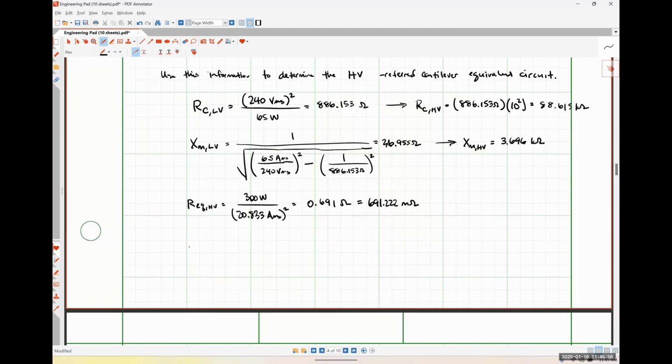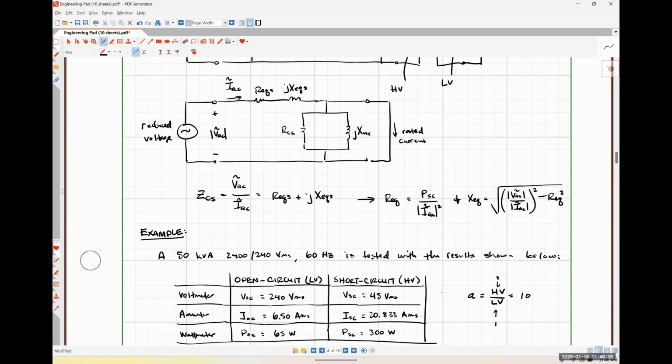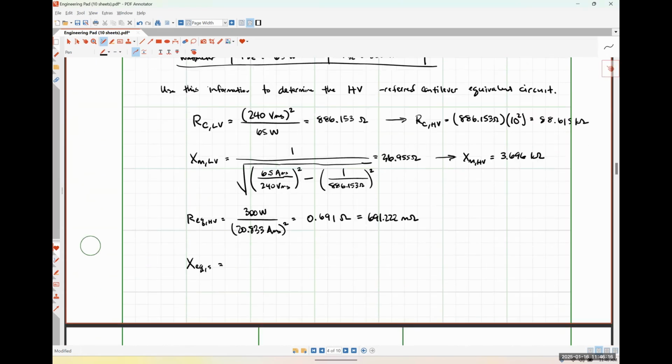And lastly, XEQ. We're going to get that one. So let's scroll up here. I think it is, yeah. So square root of voltage over current quantity squared minus REQ quantity squared.